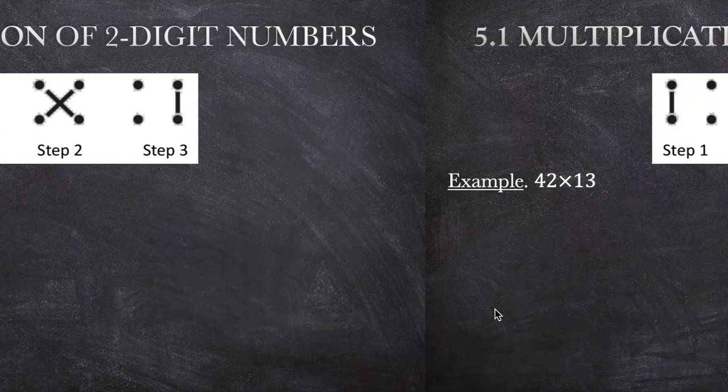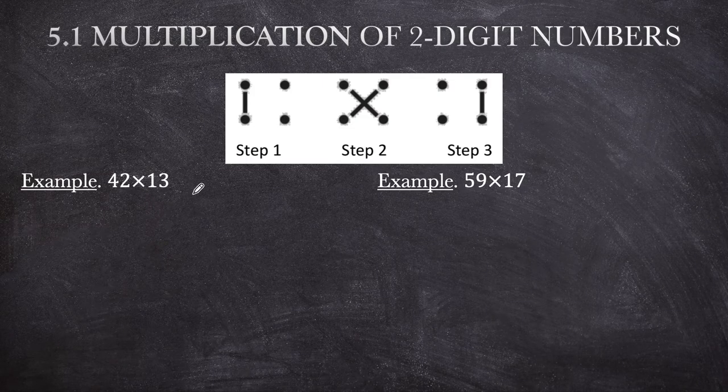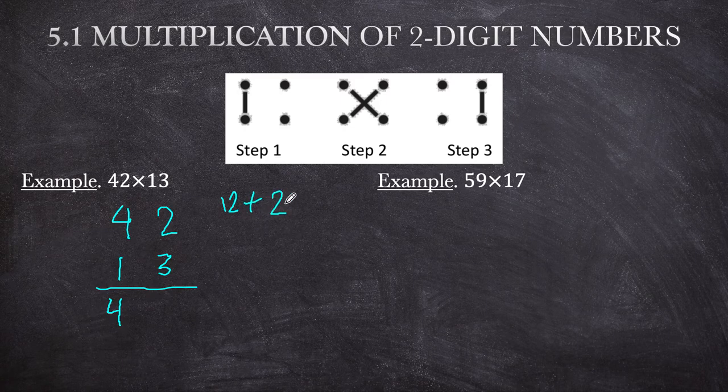More examples. We have 42 times 13 and 59 times 17. So let's do that here. 42 times 13. So how do we do that? 4 times 1 for the first step is 4. 4 times 3 is 12, plus 2 times 1 is 2. So 12 plus 2 is going to give us 14.